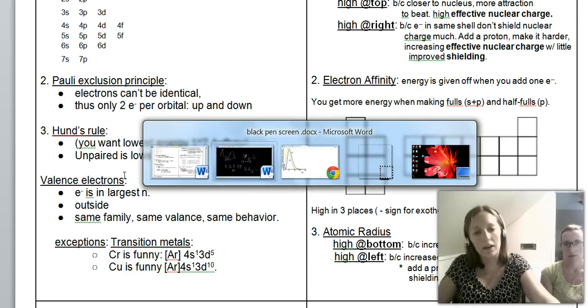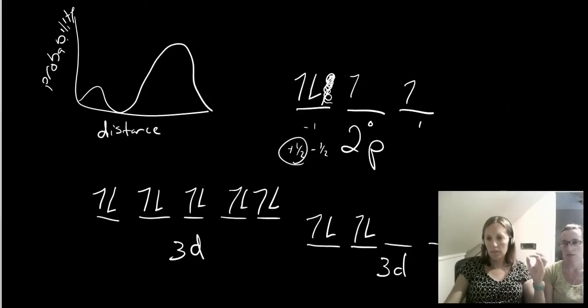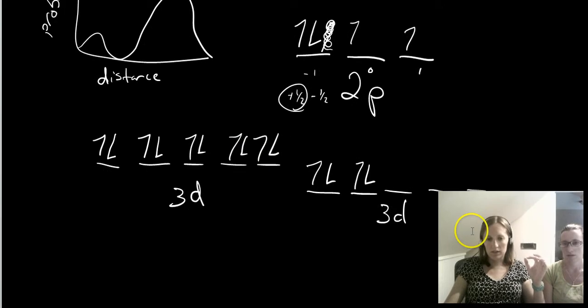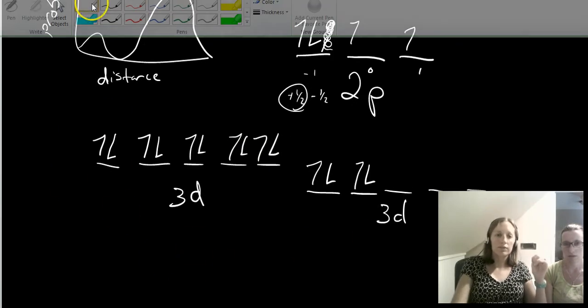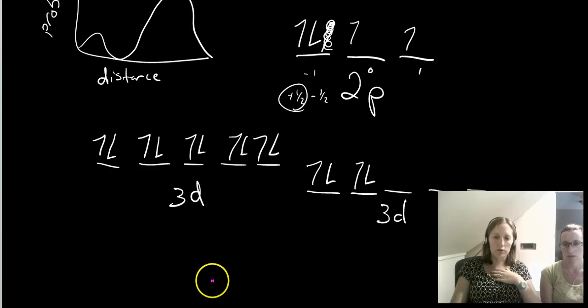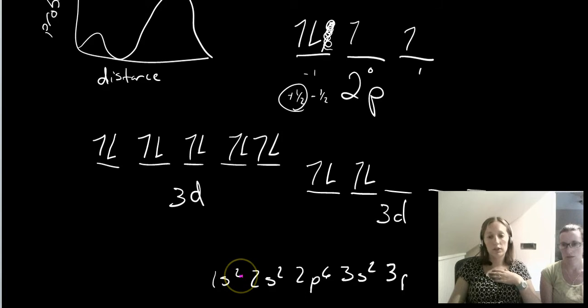So if you have, for example, an electron configuration that goes 1s2, 2s2, 2p6, 3s2, 3p6, 4s2, 3d10, and 4p4.